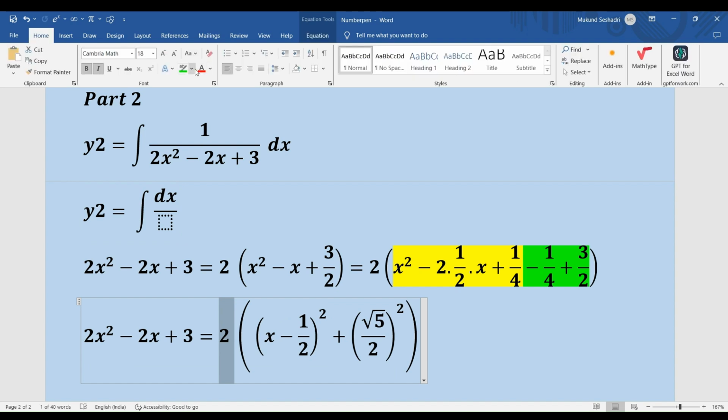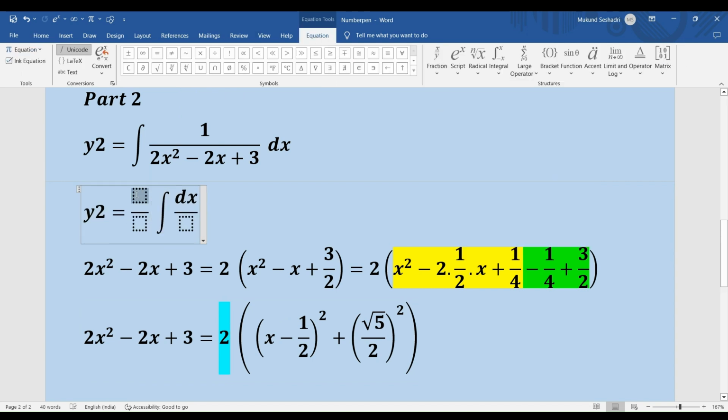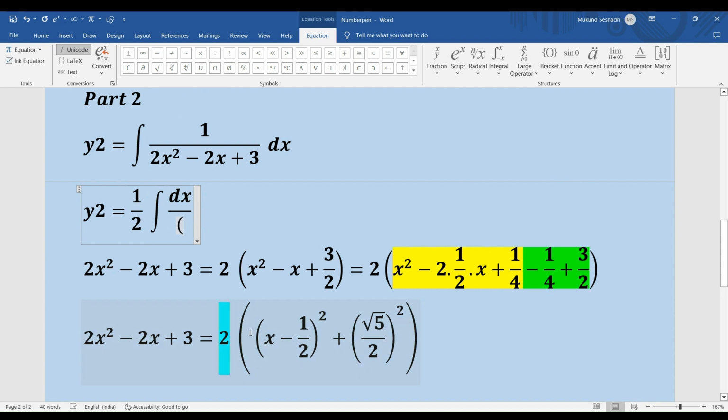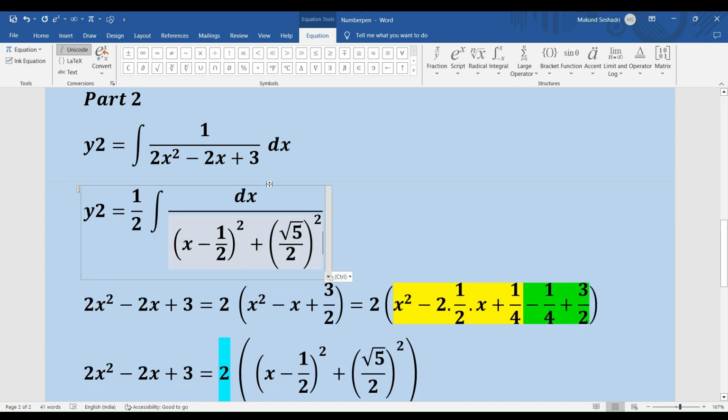Let me call it using, say, a turquoise color. I can pull this 2 out of the integral because it's a constant. So what happens here is I get a 1 by 2, and then my remaining portion of the expression is nothing but an x minus half the whole square plus root 5 by 2 the whole square, right? So this is what I get.